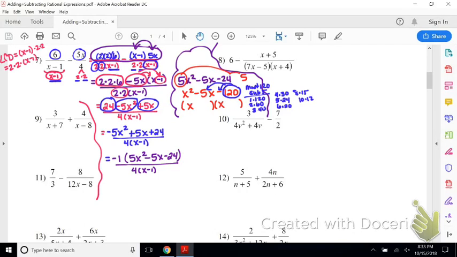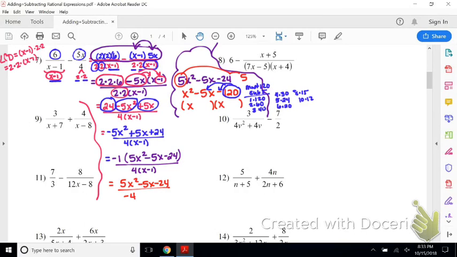So I can check and see, since I can't factor the top any further, and the bottom's already factored, is there anything that I can simplify or cancel? The only thing you could possibly do would be the -1 and the 4. So you could do that if you wanted to, and that would make it a -4 on bottom. So if you do that, you would end up with your 5x squared minus 5x minus 24 on top.